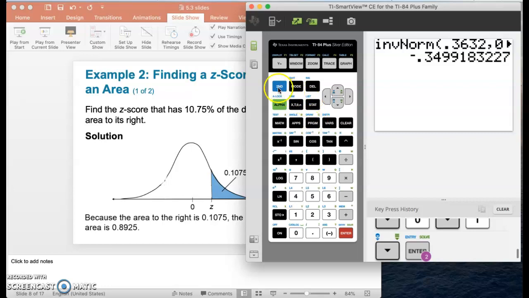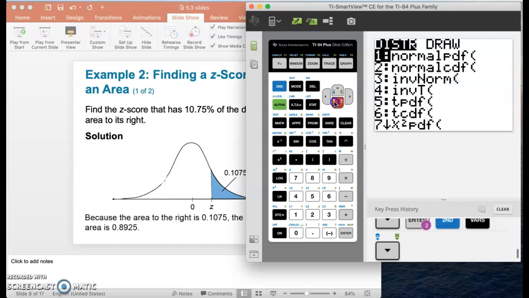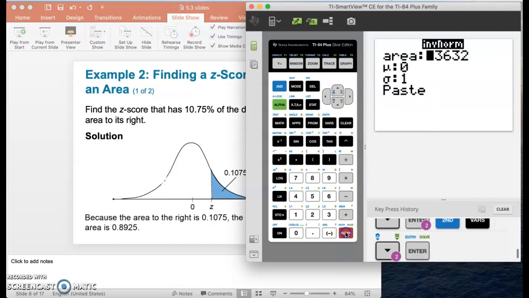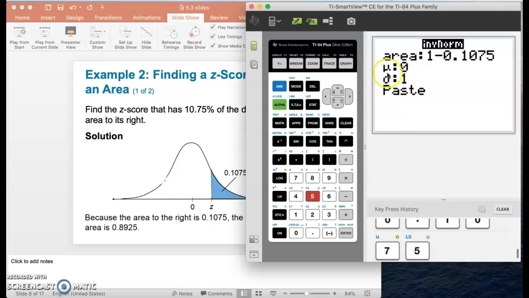So I'm going to go back to inverse norm on my calculator, second, and then vars, and then arrow down to number 3 and select enter. Now the area I'm going to input is 1 minus 0.1075 because I need the area to the left of the z-score. The mean is still 0 and the standard deviation is still 1 because I'm in the standard normal.